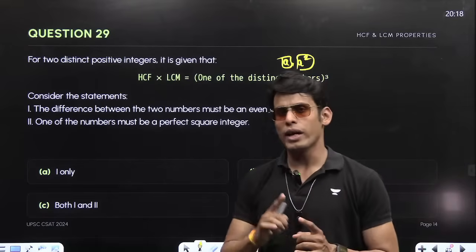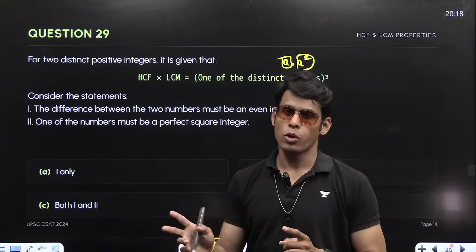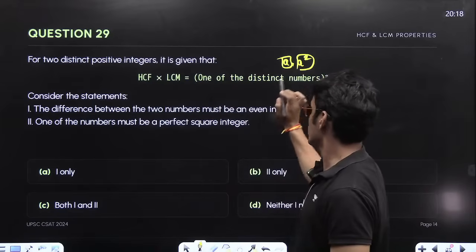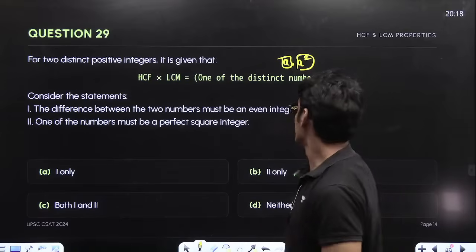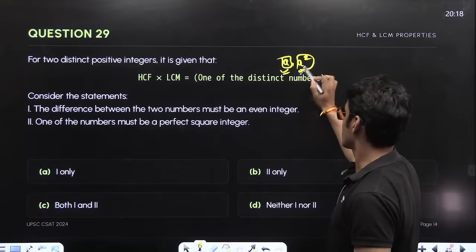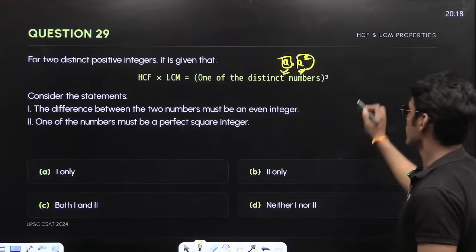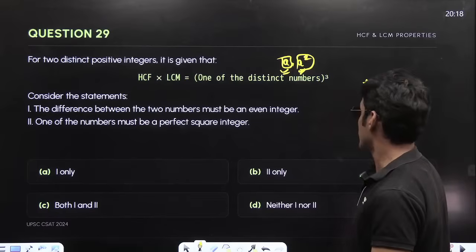The product of HCF and LCM is equal to the product of the two numbers. So HCF into LCM is equal to one of the distinct numbers cubed. This is given. So one number has to be A, another number has to be A square, right? Or it can be 1 and A cube as well, right?